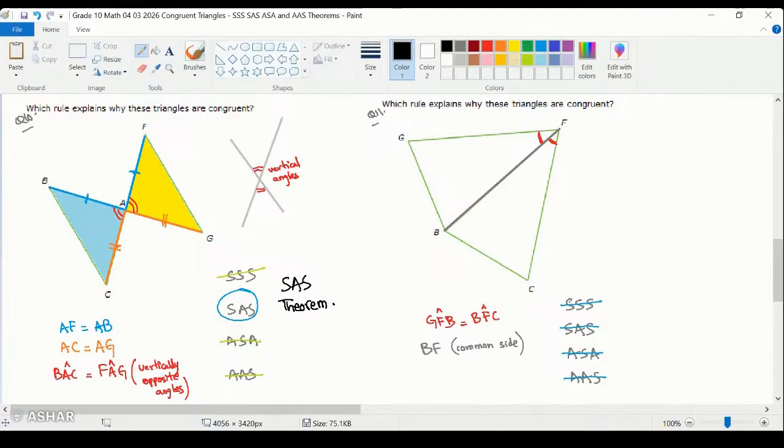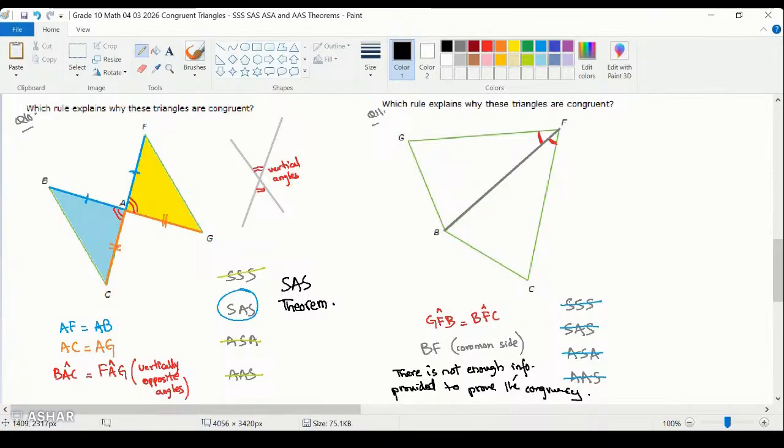So what we can say is there is not enough information provided to prove the congruency, right?